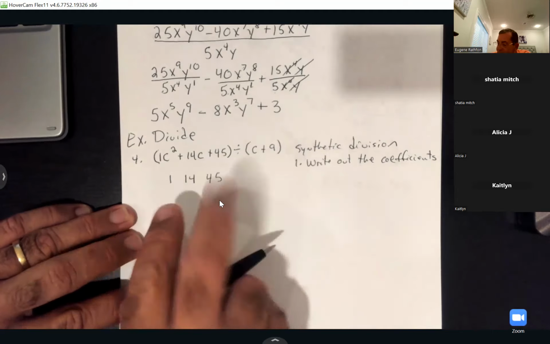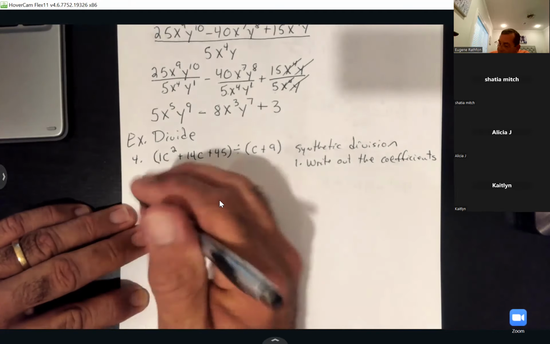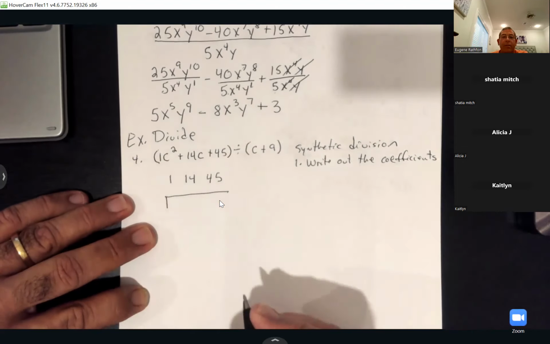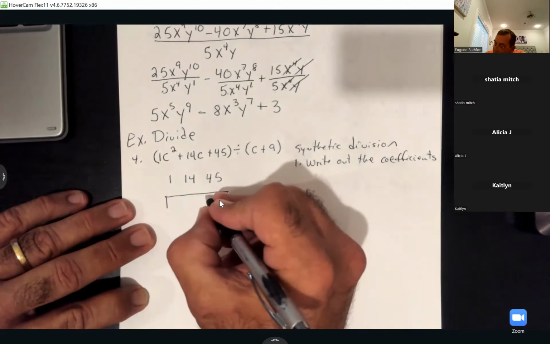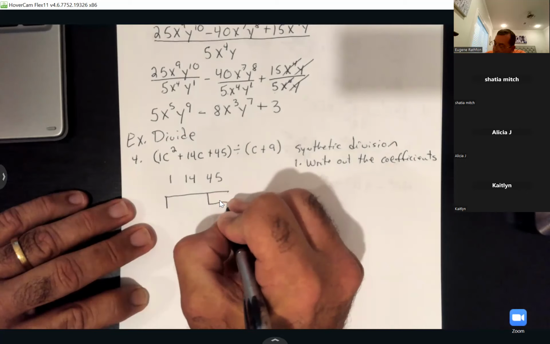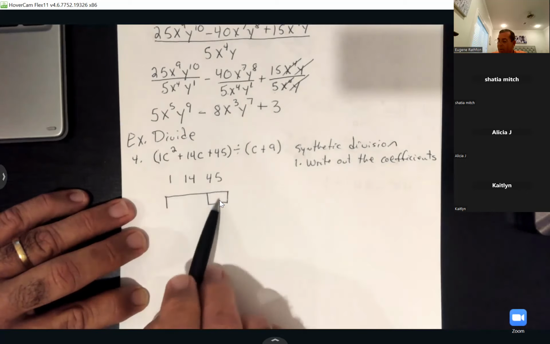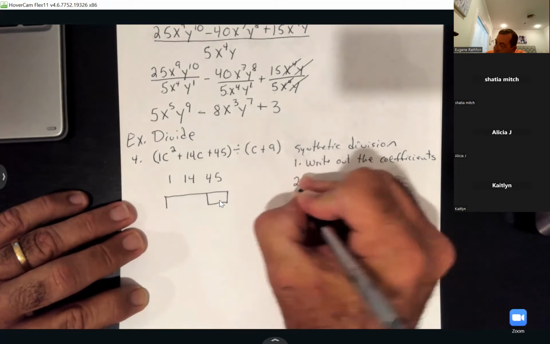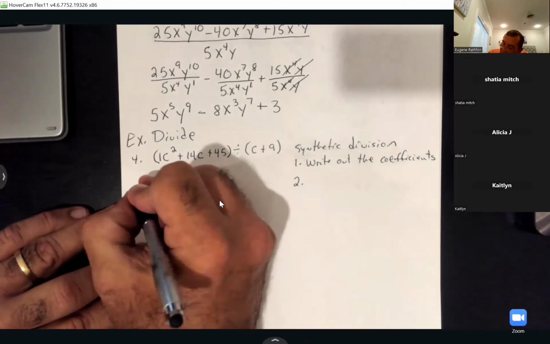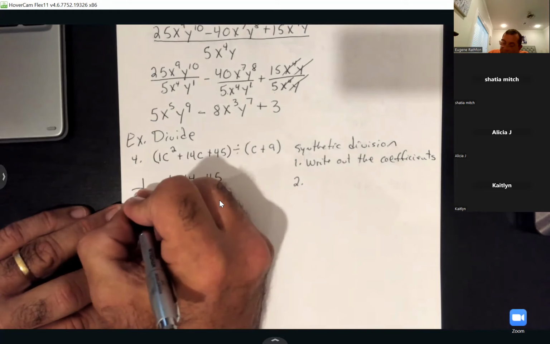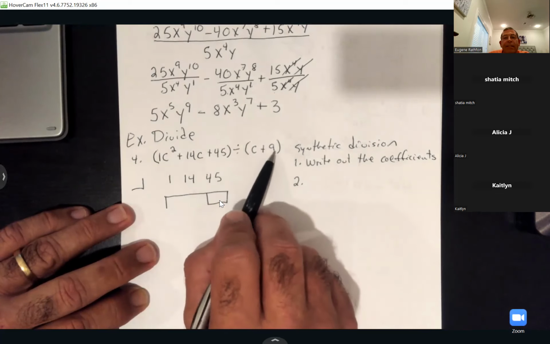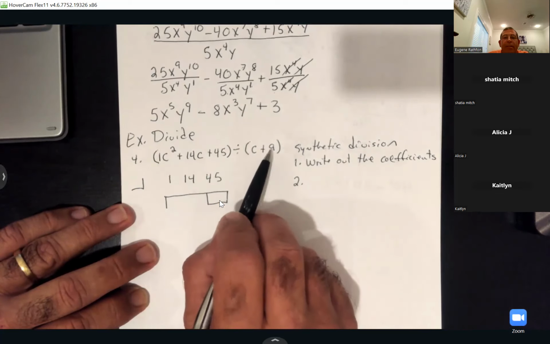Now, under the coefficients, leave just a little space, and we're going to make an upside down box. And then I will draw a square box right under the last number. Over here, we call this our C. C is this number, but it's opposite in sign than what's in this factor.